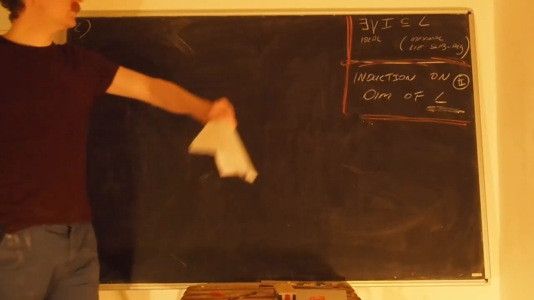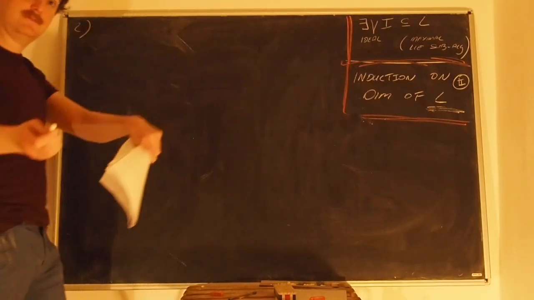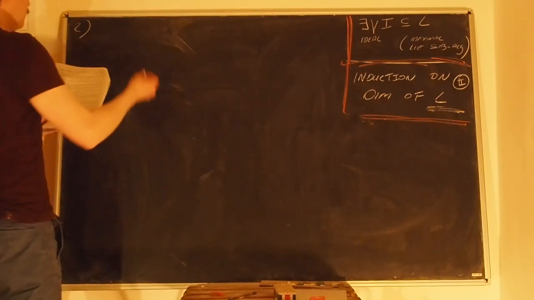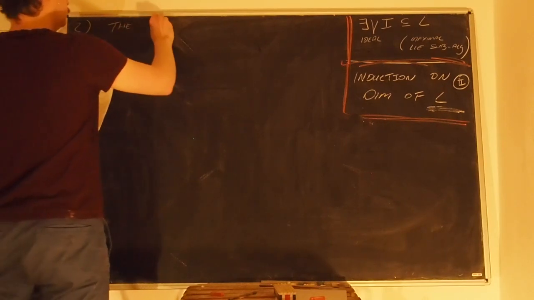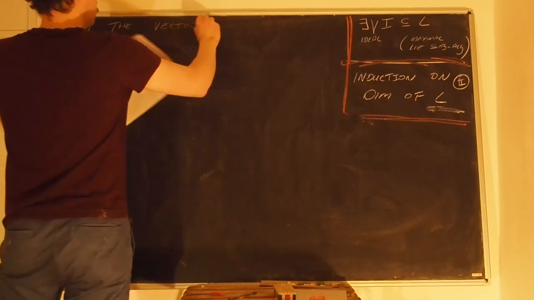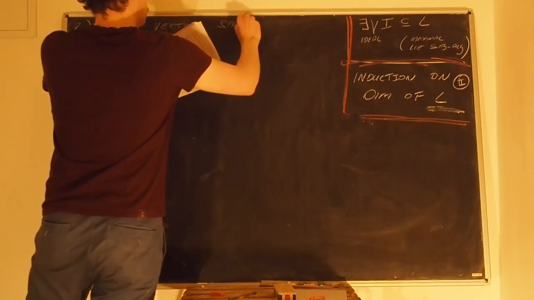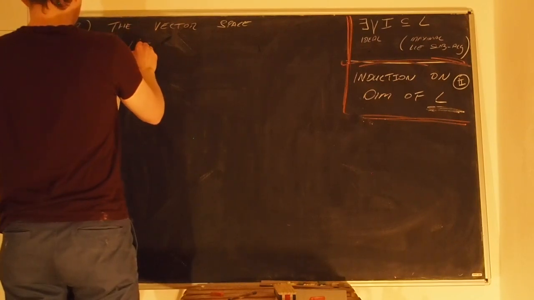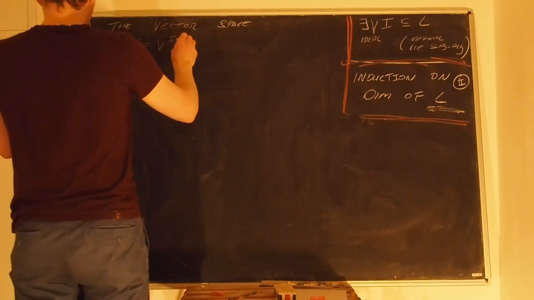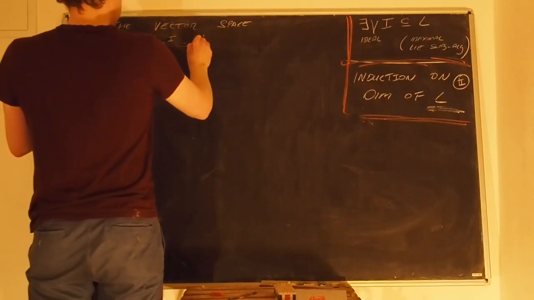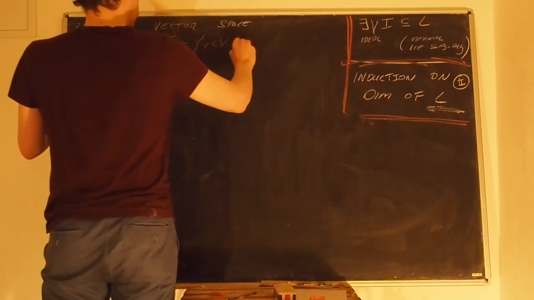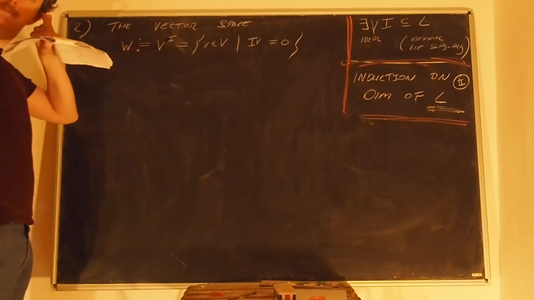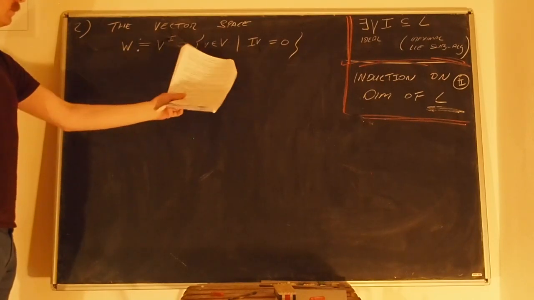Okay, so that's what we did. So if you got a bit confused, well, this is where we are. Let's go back to it. Okay, we don't need anything except this information. So vector space. We're defining a vector space W with these properties.